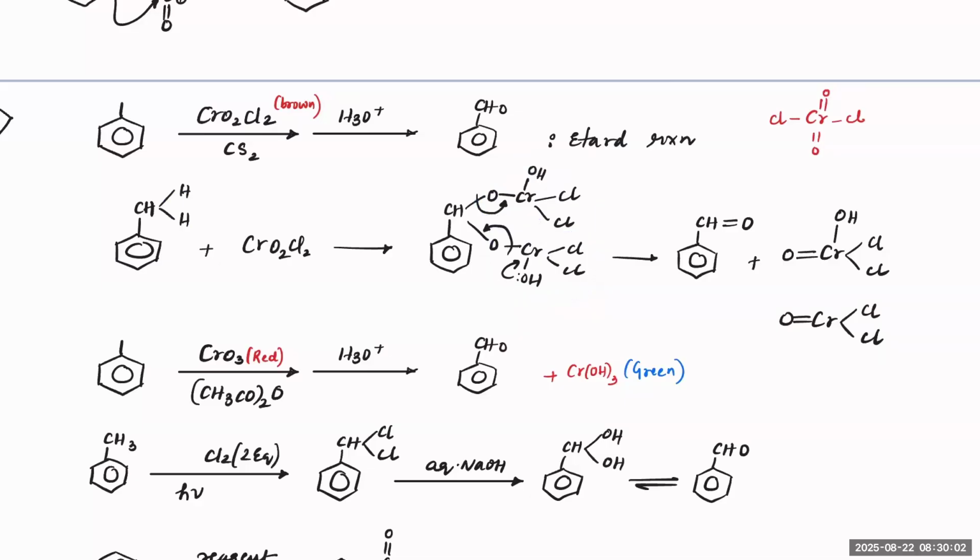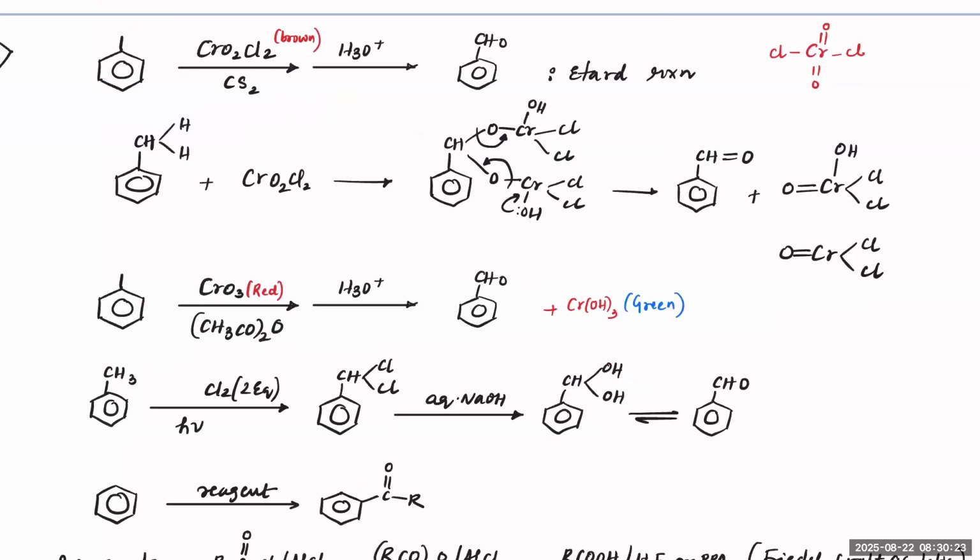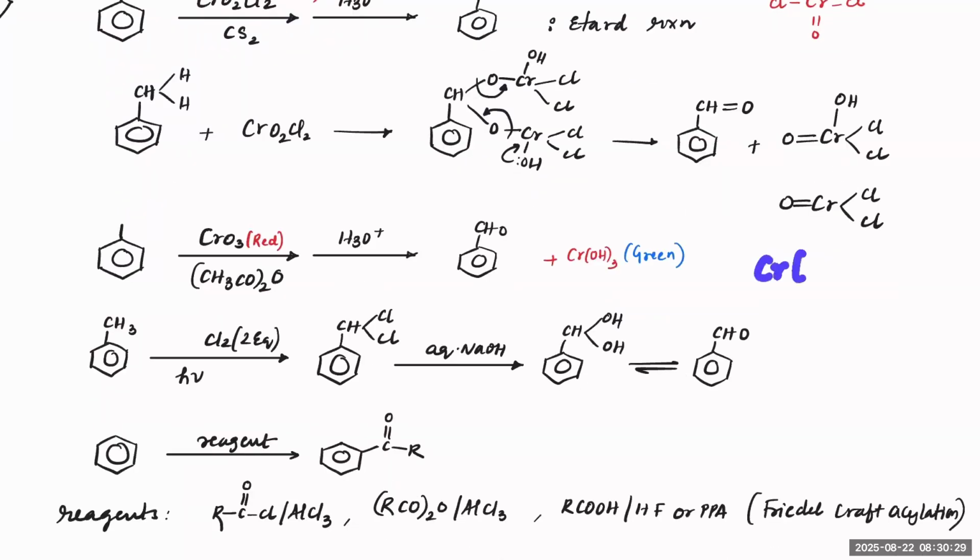And once this is done, now the bond breaking will start. So from here it will start to become a double bond, this will start pushing here, so you will get one part here, and this will also end up as a double bond here, you will get another part here. Got it? And this will again react with the next molecule, and this will keep on happening till it becomes CrOH thrice eventually.